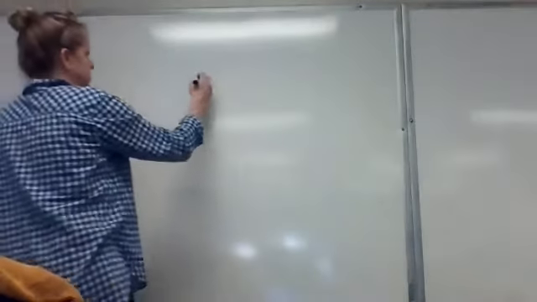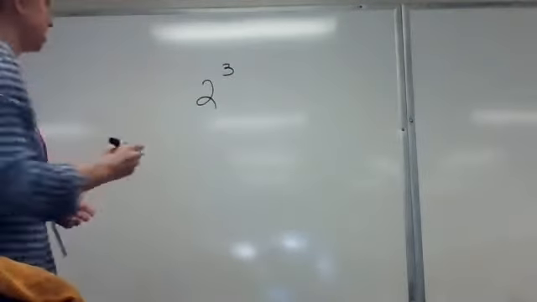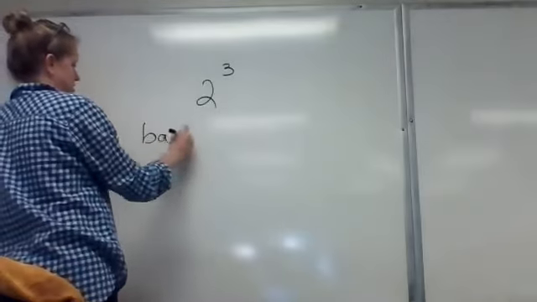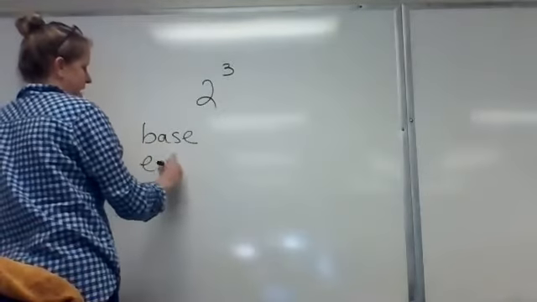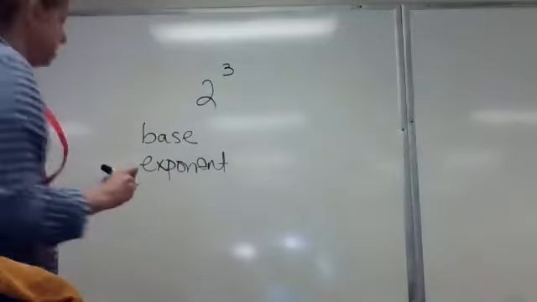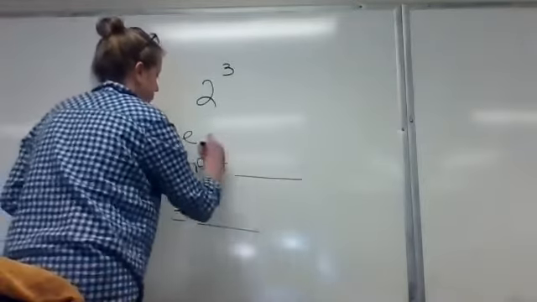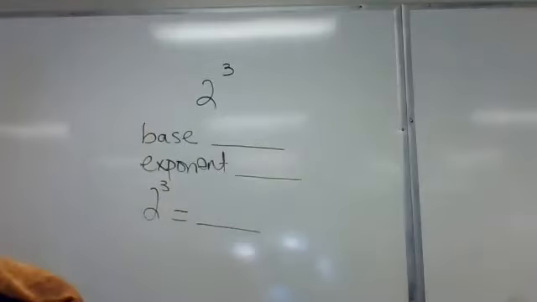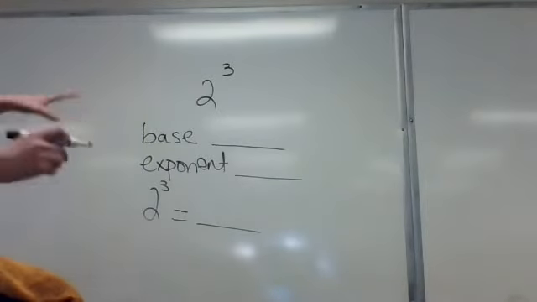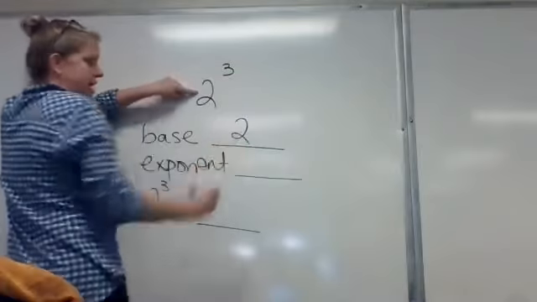So let's look at number 1. You've got 2 to the 3rd power. The first thing it wants to know is what's the base, then what's the exponent, and then it says 2 to the 3rd power equals blank. So the base of this term would be the 2, that's the main number.